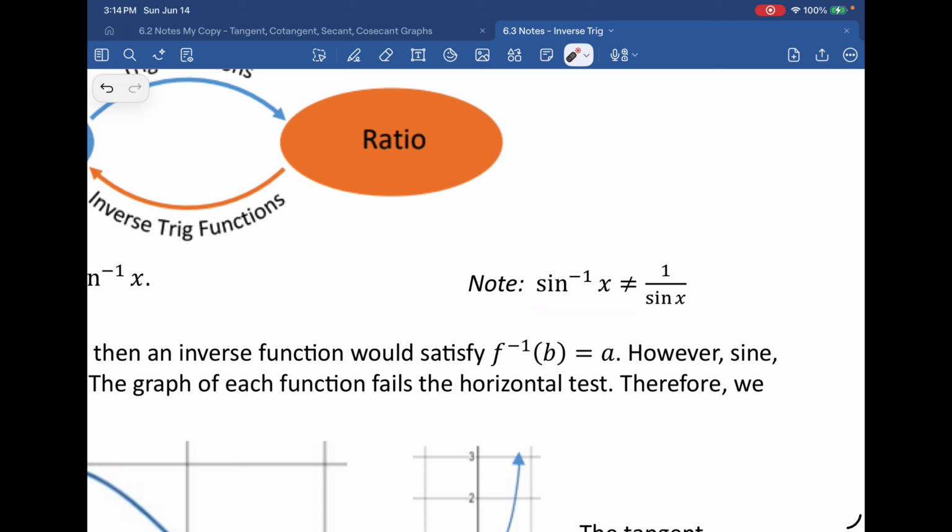An inverse takes the ratio and finds the angle. So typically we plug in a measure of an angle, we get a ratio. Inverse trig starts with the ratio and gets the angle. So if f of x equals sine x, then f inverse of x equals the inverse sine of x. Remember, inverse does not mean reciprocal.